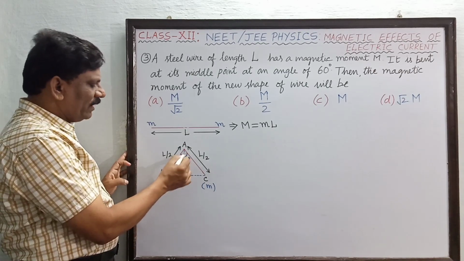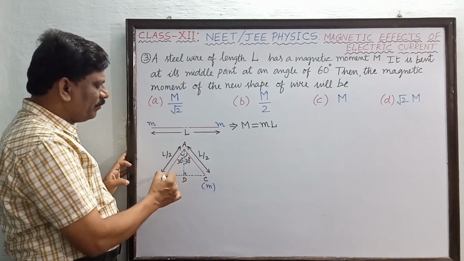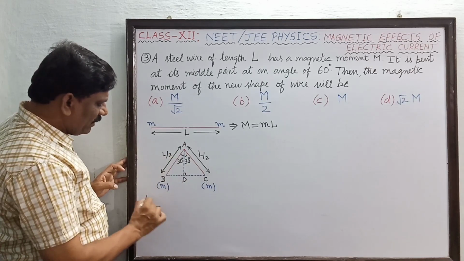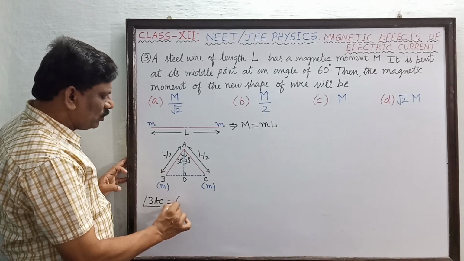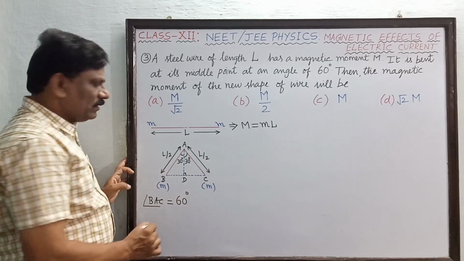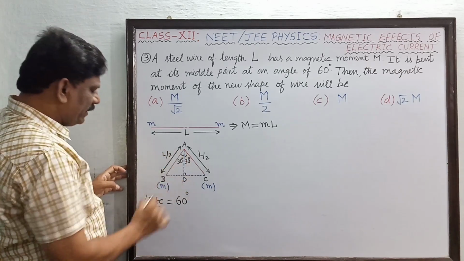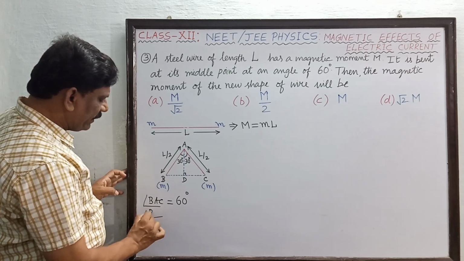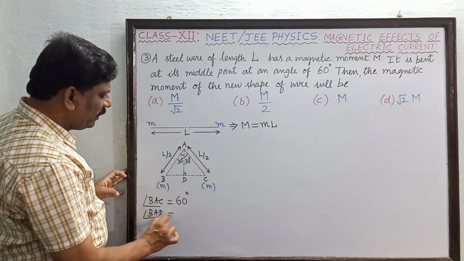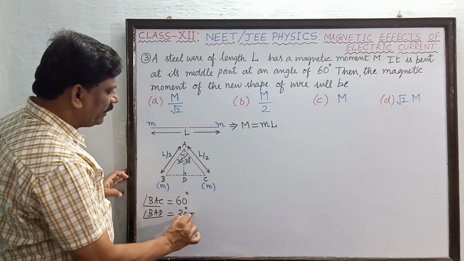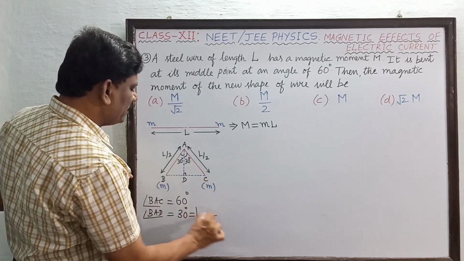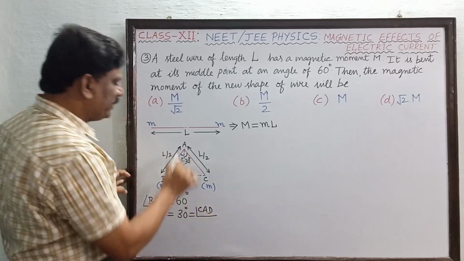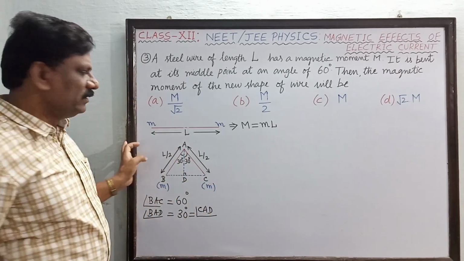The total angle BAC is equal to 60 degree. Therefore, what is angle BAD? Angle BAD is equal to 30 degree, and this is also equal to angle CAD. So it is an isosceles triangle.